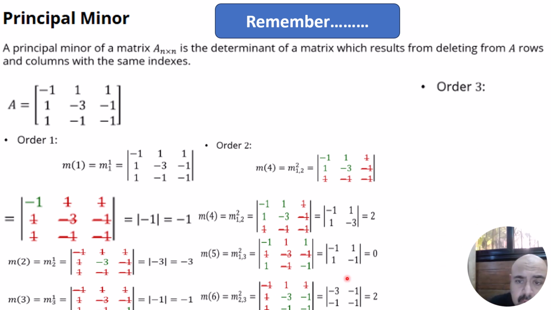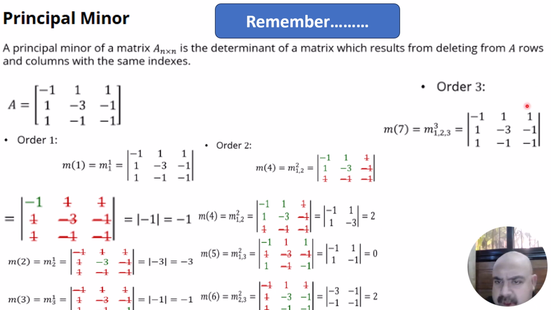Now for the third order, which means a 3 by 3, I will evaluate the value of the determinant overall, which is really very simple. All I have to do is use either Sarrus's rule or the Gauss method, considering any row or any column and eliminating, as you know from linear algebra, and you are very good in this. We studied linear algebra before, and you know how to deal with it.